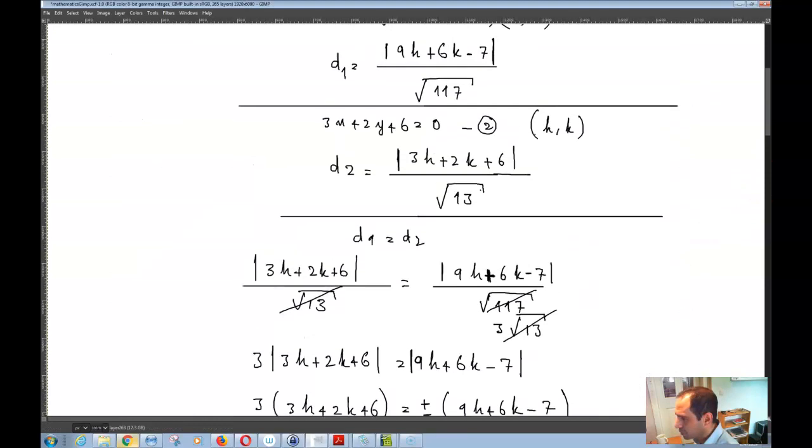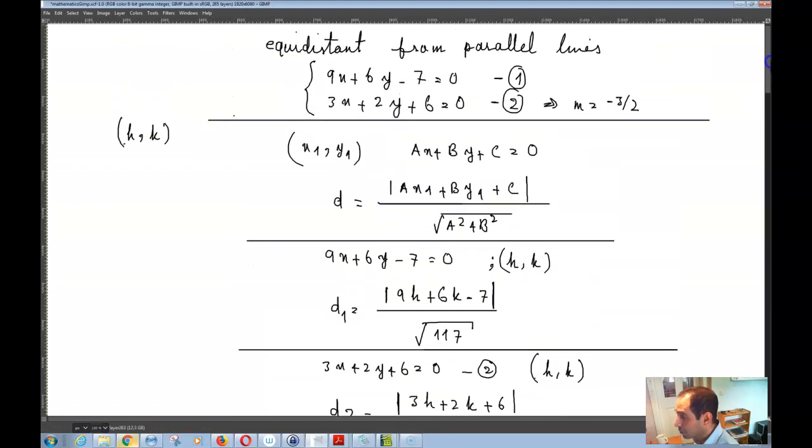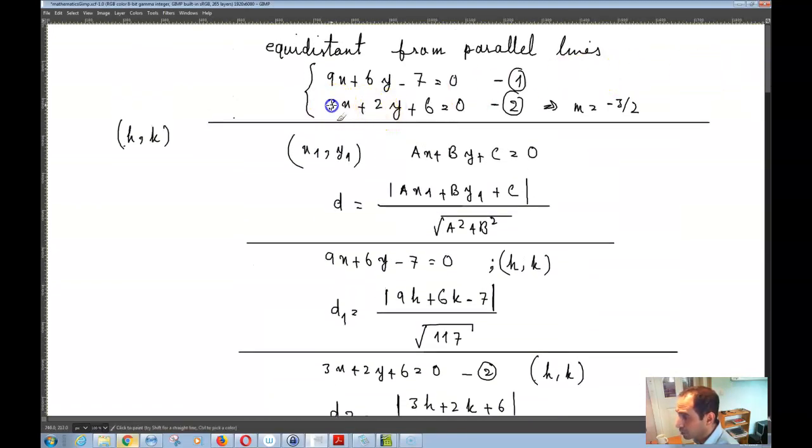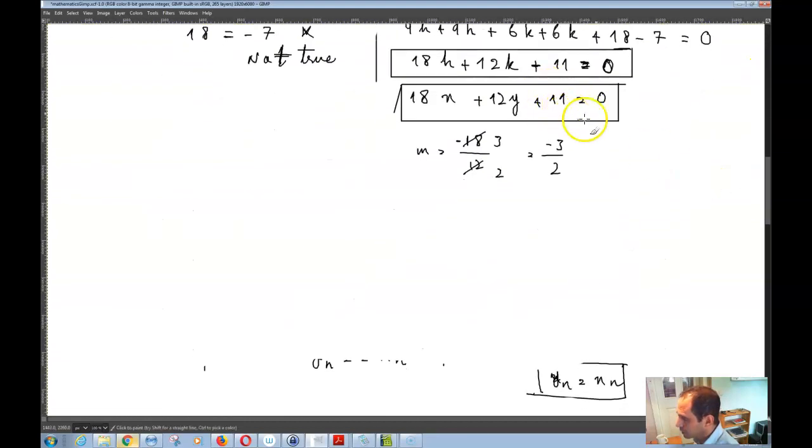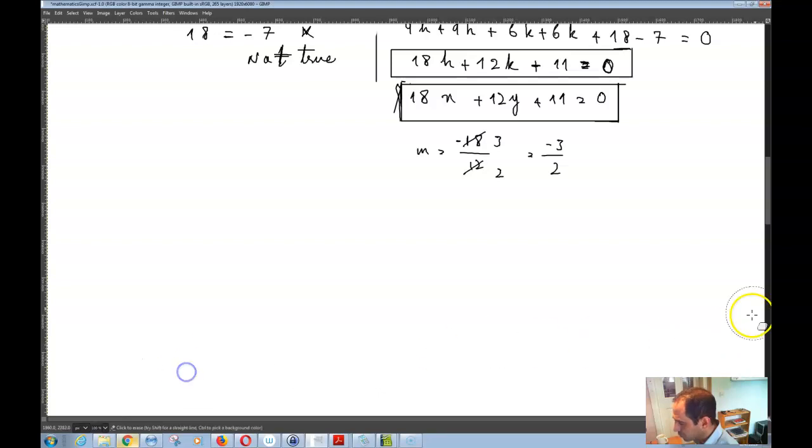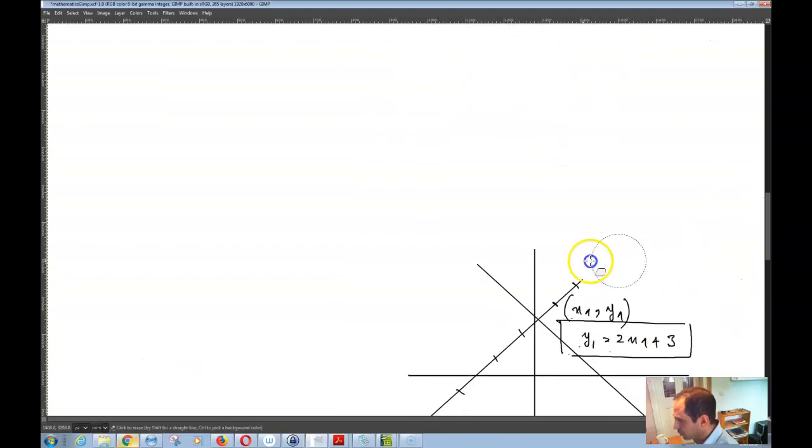And the slope of this line over here is negative 9 by 6, which is equal to negative 3 halves. So you can see that this equation over here is exactly what we were looking for. And basically that is the equation of the line that we were looking for.